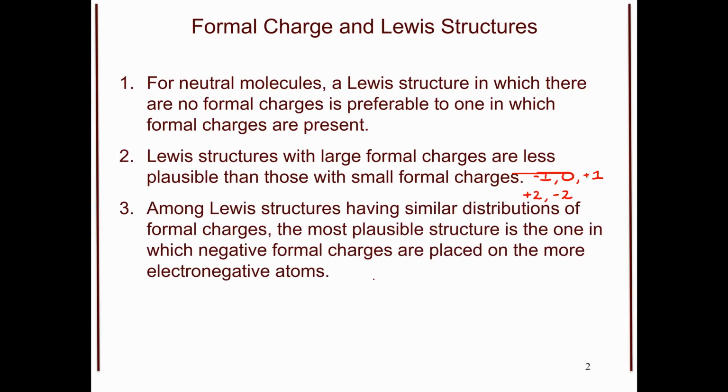So then 3, among Lewis structures having similar distributions of formal charges, the most plausible structure is the one in which negative formal charges are placed on the more electronegative atom. We typically call this the more electronegative rule. Be very careful with that as you are starting to go along.